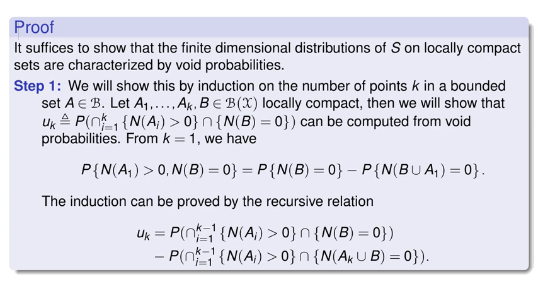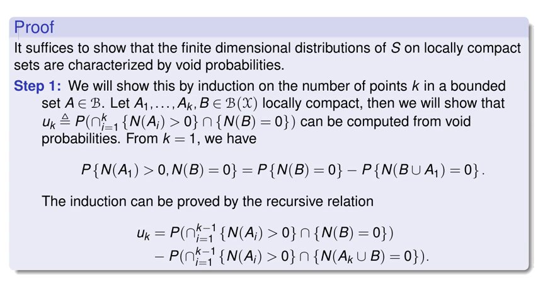Let A1 through AK and another set B all be locally compact sets in ℬ(𝒳). We want to show that U_K, defined as the probability of the intersection of events N(A_i) greater than 0 for i from 1 to k and N(B) equals 0, can be computed from void probabilities.